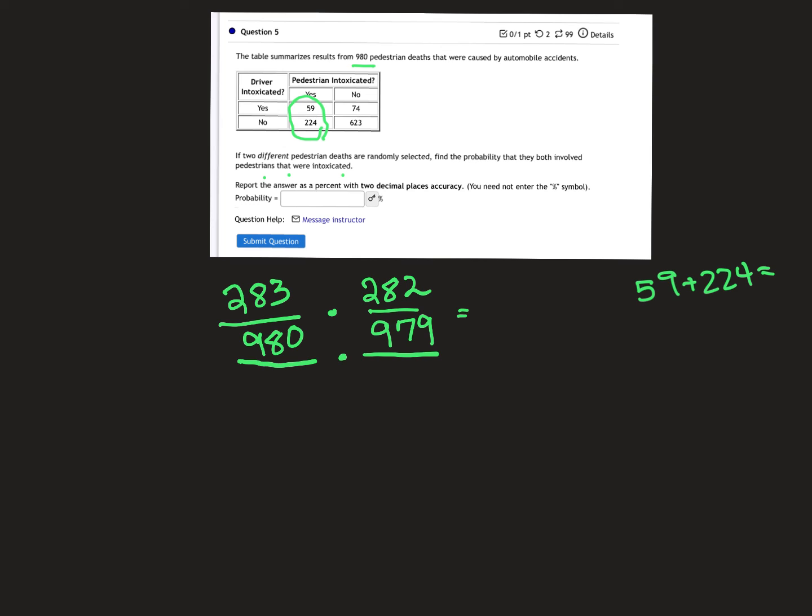So 283 divided by 980 is 0.2887751. 282 divided by 979 is very similar. It's just only off by 1 on top and bottom. And times those together, because we're doing this and that.